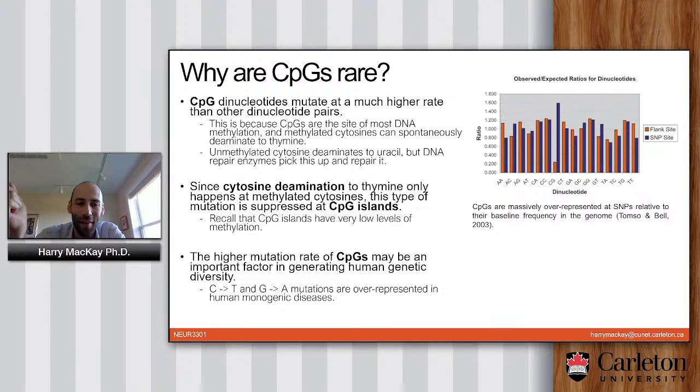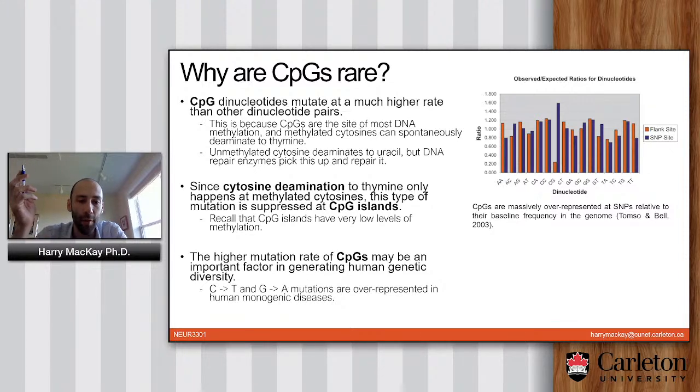So places where there's not a lot of methylation at the cytosines tend not to mutate. And as I said, CpG islands tend to have very low levels of methylation, but all of the other cytosines tend to have fairly high levels of methylation. So what you see is that methylated DNA over evolutionary timescales tends to be mutated, where the cytosine is converted to a T, and then the guanine is converted to an A to complete the base pairing.